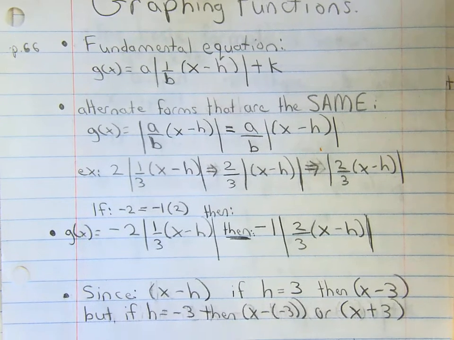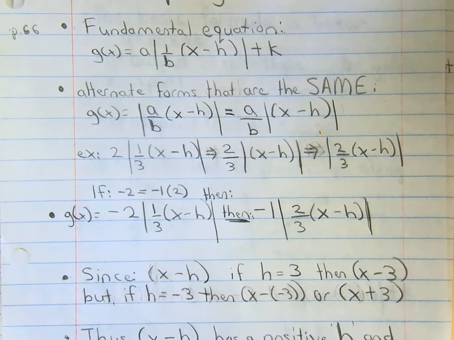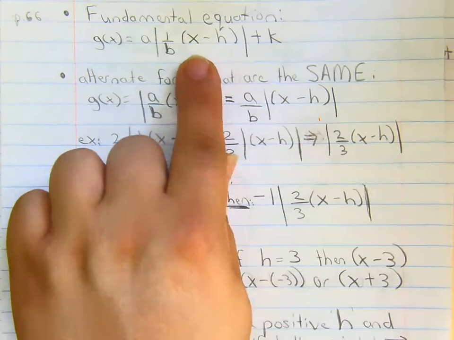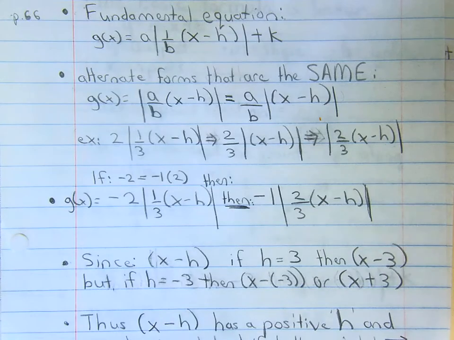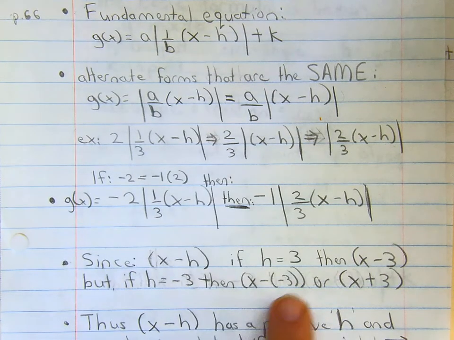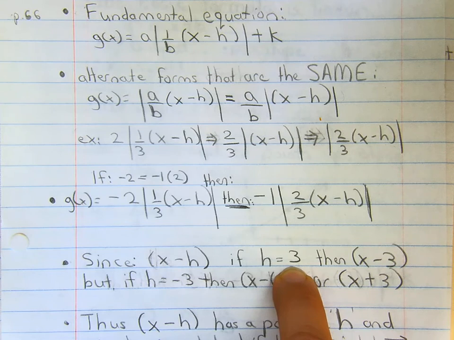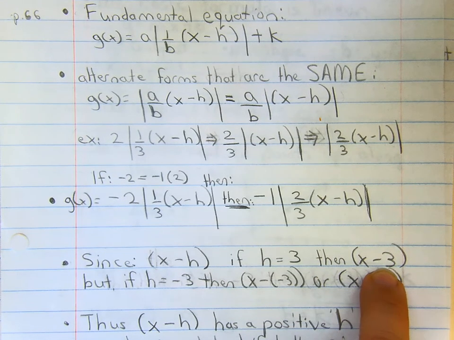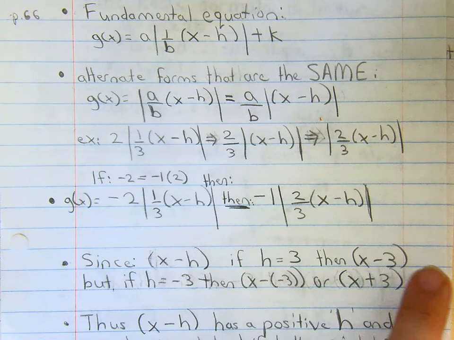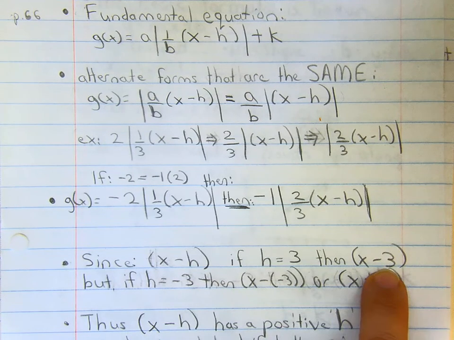So since we have a fundamental formula that says x minus h, no matter what h is, if h is positive, then x minus a positive 3 is going to give you just what you have here.